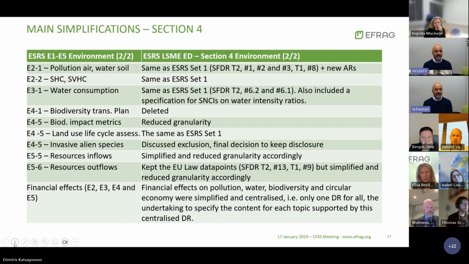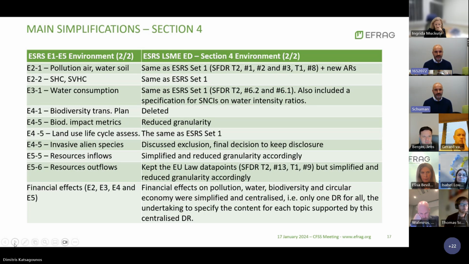Next slide, please. Continuing on section 4 on the environment, for the requirement related to pollution, air, water, soil, we have the same content as in set 1, plus a new application requirements, which will help undertakings to better understand the content of this DR. For the E2, we have the same content of ESRS set 1.